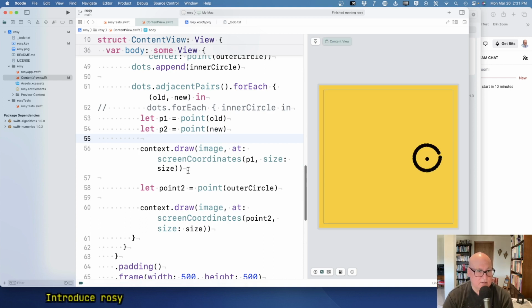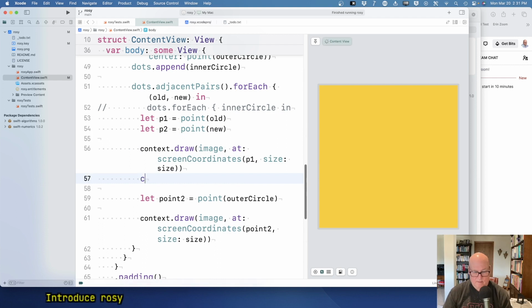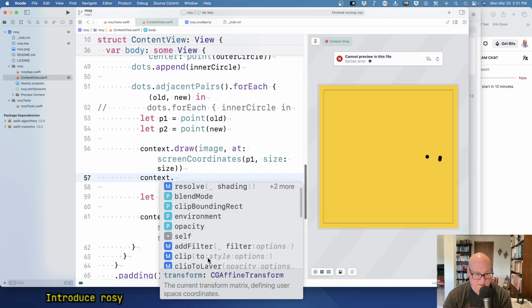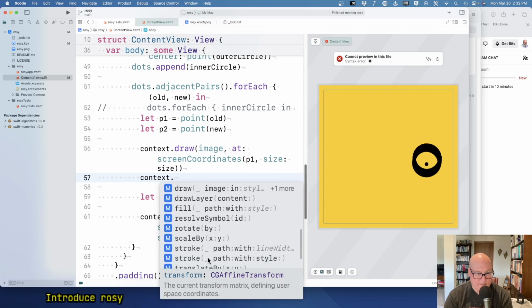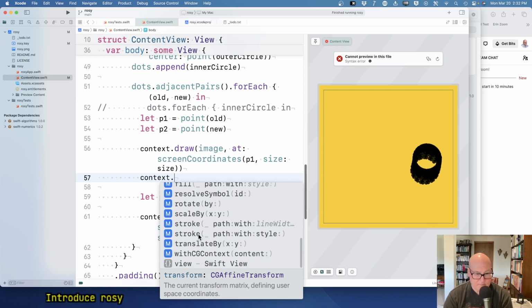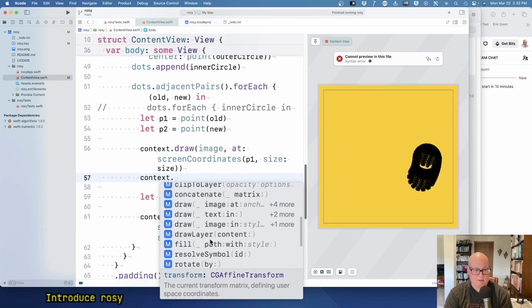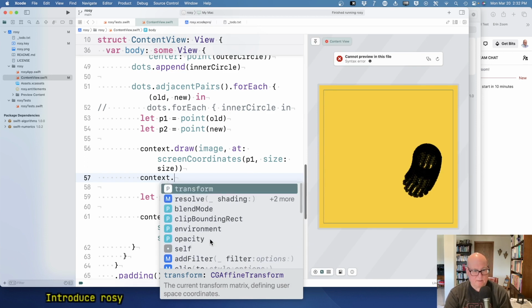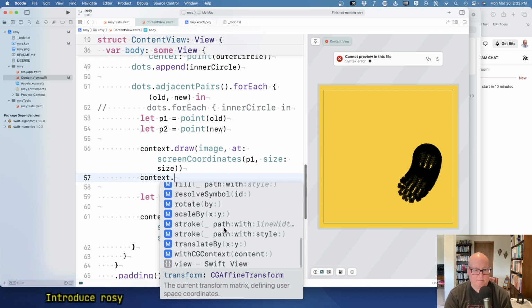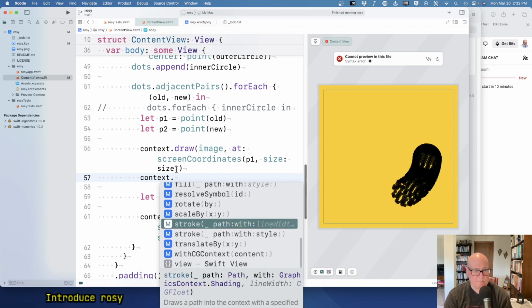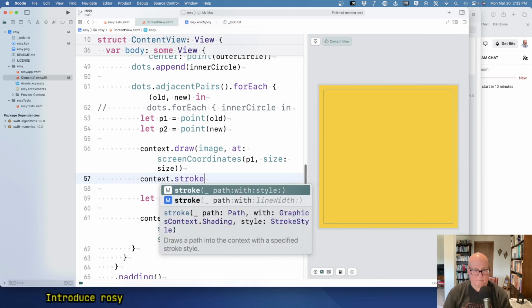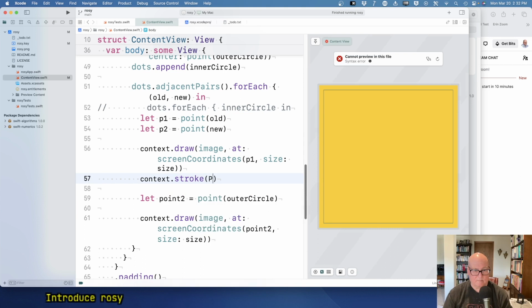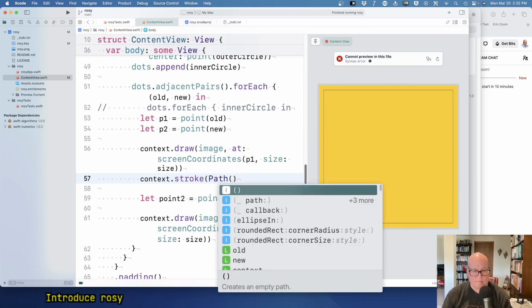No, yeah, old. No, context dot draw. Text dot. Is it stroke? Okay.